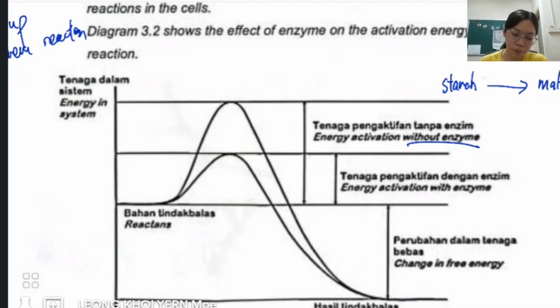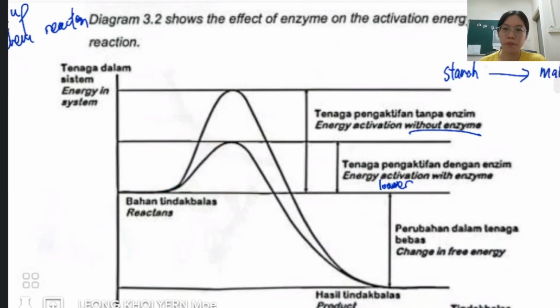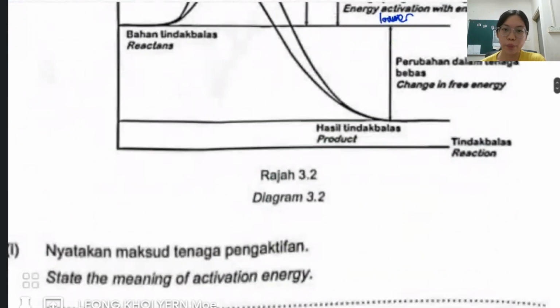But this enzyme lowers the activation energy. So let's say you are rolling the ball, it's so easy because it is a shorter height. So basically it will be easier and faster. This is how enzyme works.